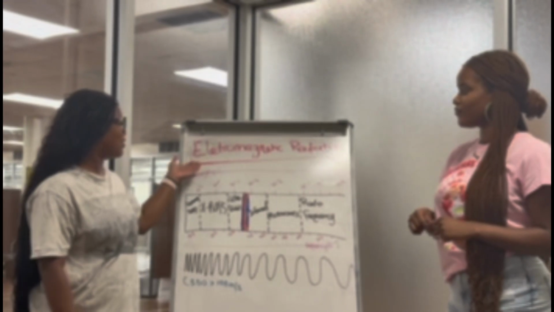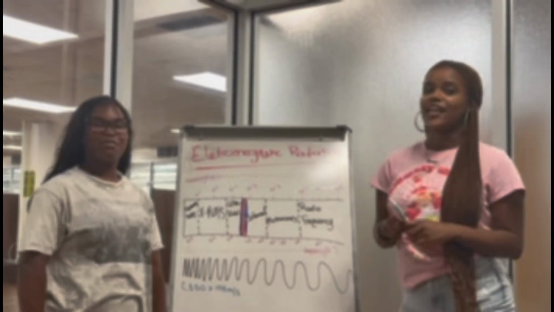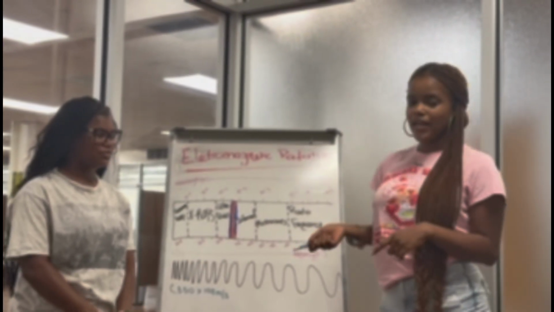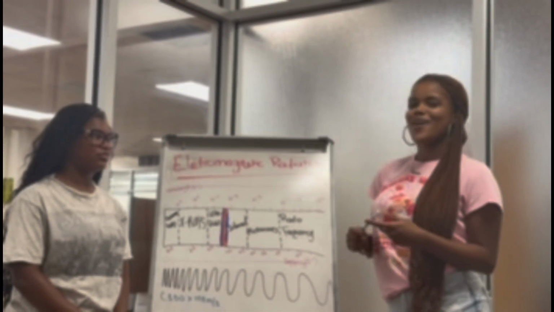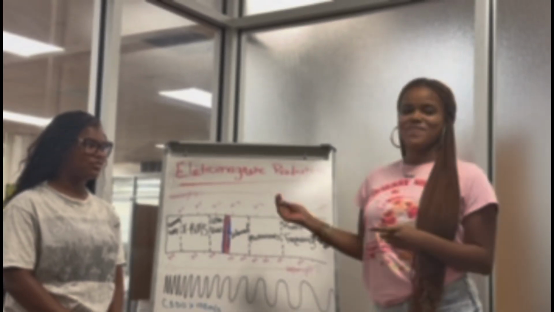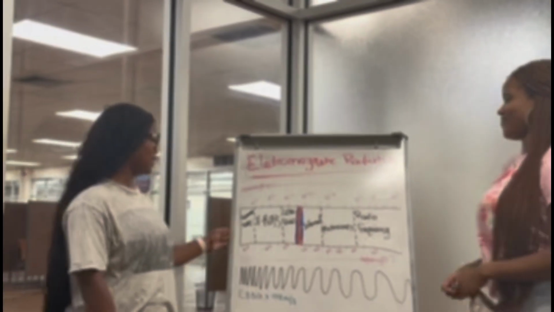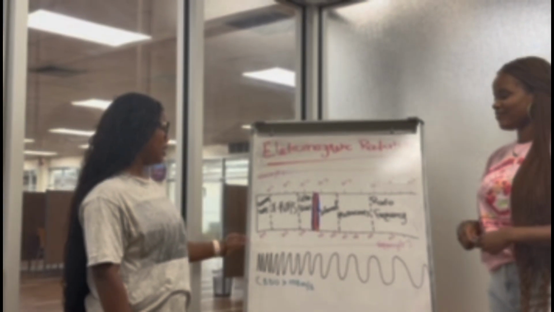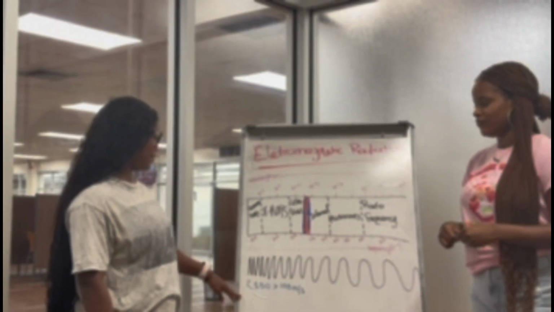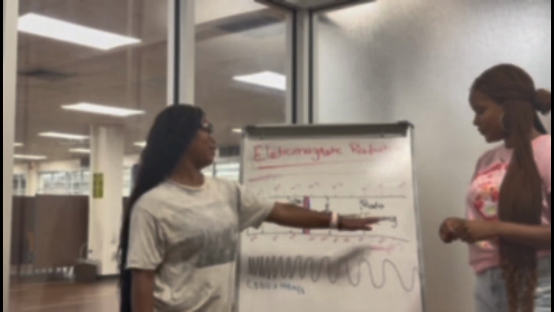Next we're going to talk about electromagnetic radiation. We can see it through X-rays, colors in the rainbow, microwave ovens, and radio frequencies. This is the electromagnetic spectrum, and you can see at the bottom the wave frequency from gamma rays to radio frequency.